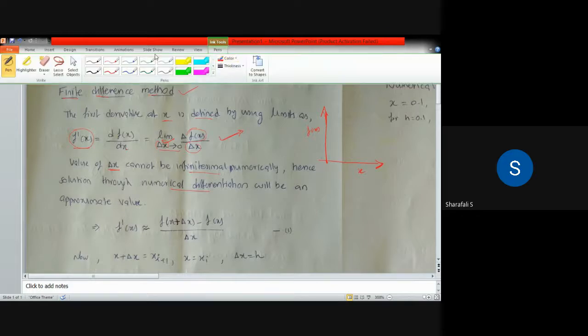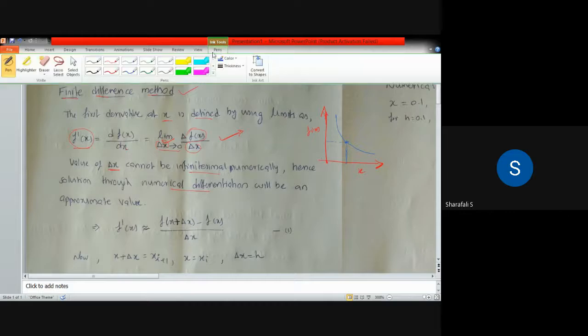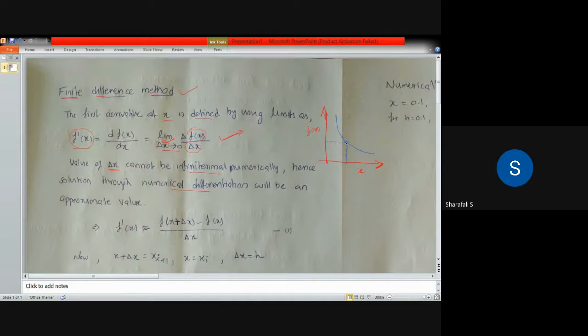If you consider any function, let us consider a function like an exponential decay, and you want to find out dy by dx at this point, at this x. Basically, consider a tangent passing through this point.